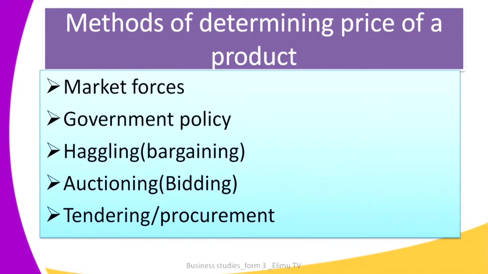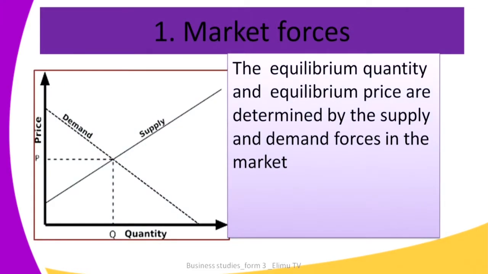We start with market forces. Market forces is where the equilibrium quantity and the equilibrium price are determined by the supply and demand forces in the market. This is the point where the demand and supply curves cut each other.